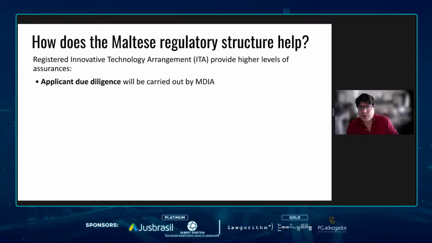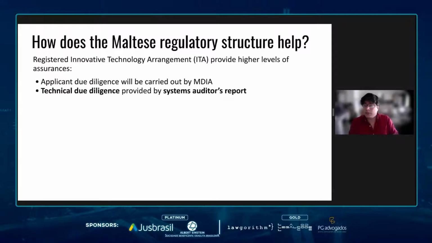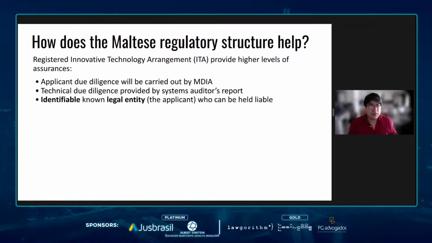Now, how does this structure help? We're doing applicant due diligence, so there's a known identifiable party behind the system who can be held liable if required. There's technology due diligence being done by the system auditor, reaching a level of assurance that the system is implementing what it says on the box.